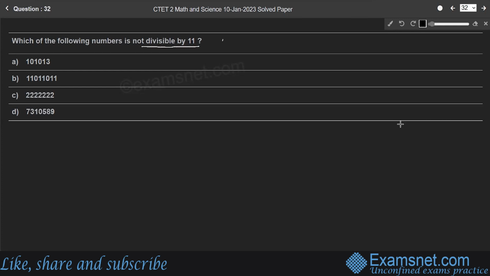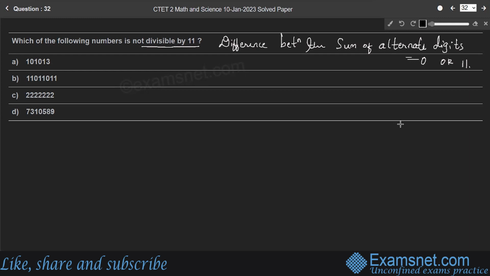So we'll consider the difference between the sums of alternate digits, right? It should be equal to 0 or 11, then the number is divisible by 11.